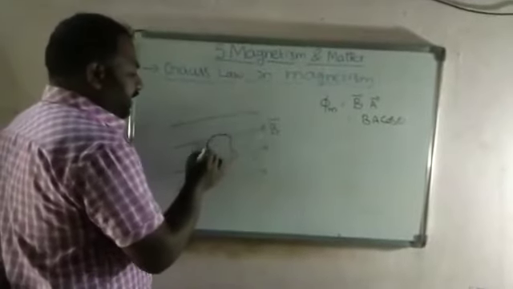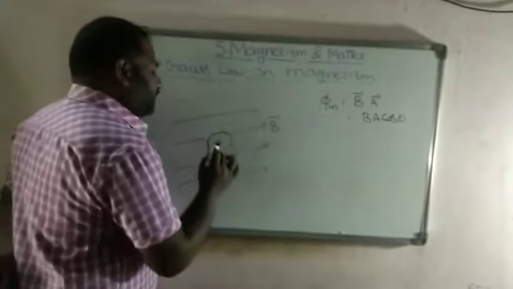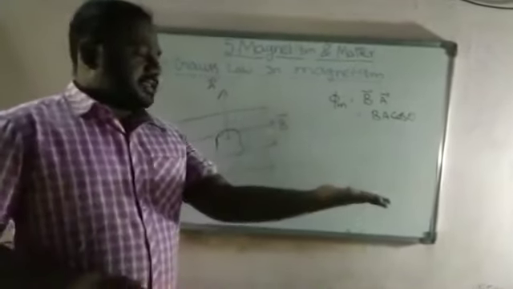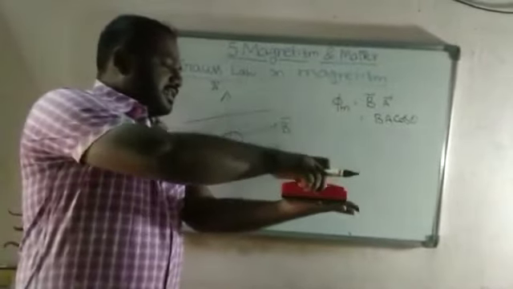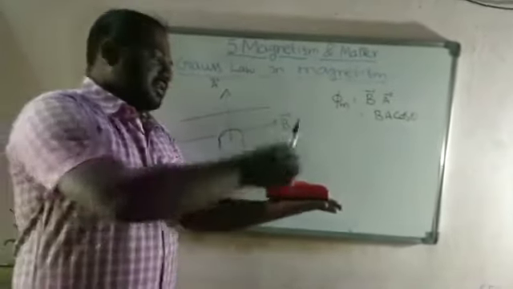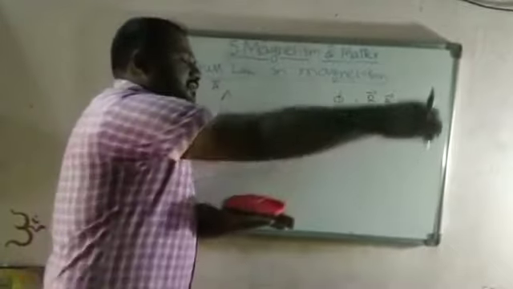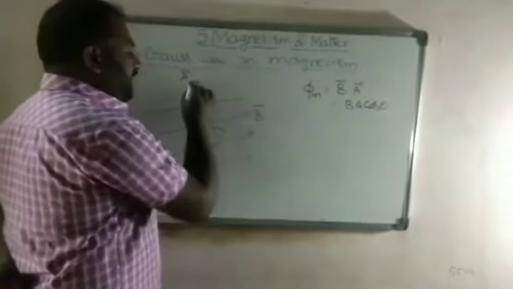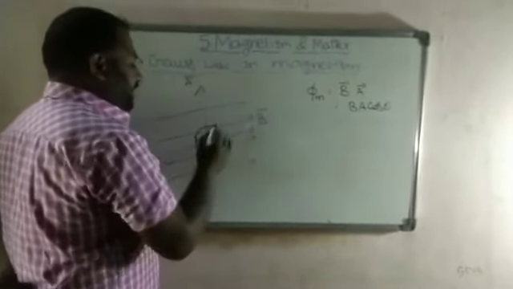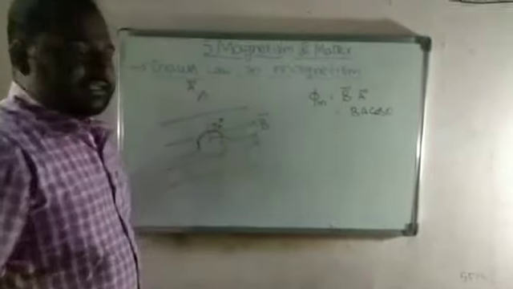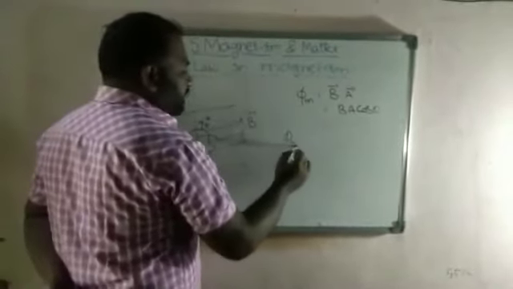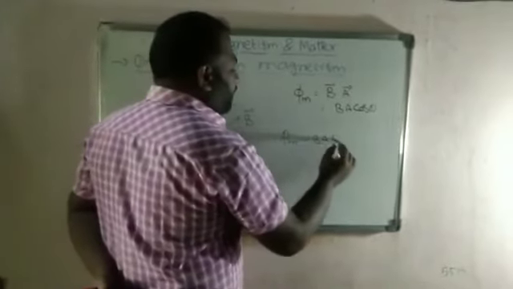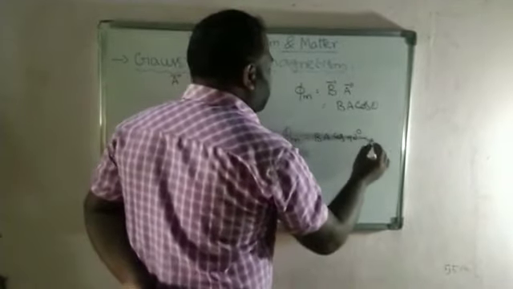This is a certain area, and this area vector acts in the upward direction, while the magnetic field acts in this direction. Now the angle between the area vector and the magnetic field can be taken as 90 degrees. So what is the flux passing through that area? The flux is equal to B A cos 90. What is cos 90?